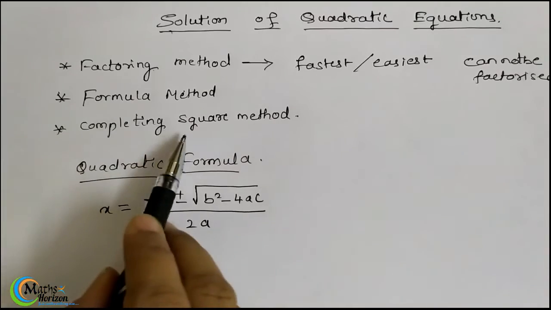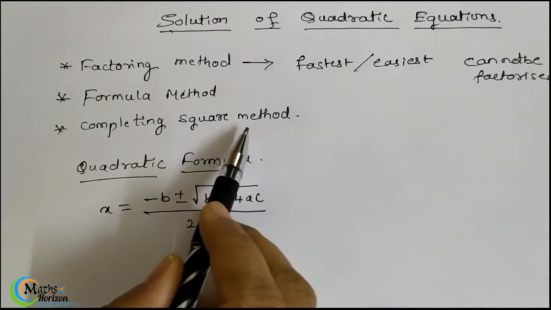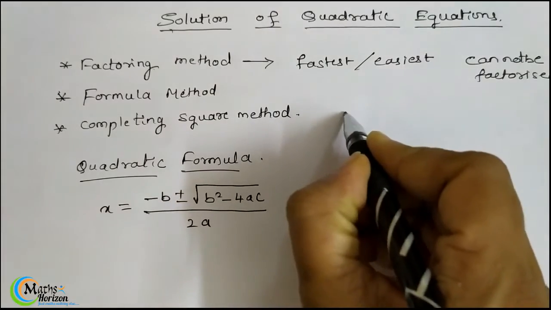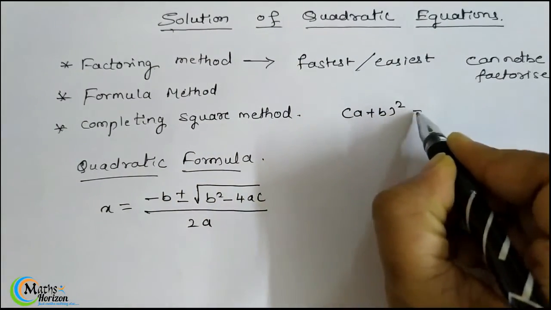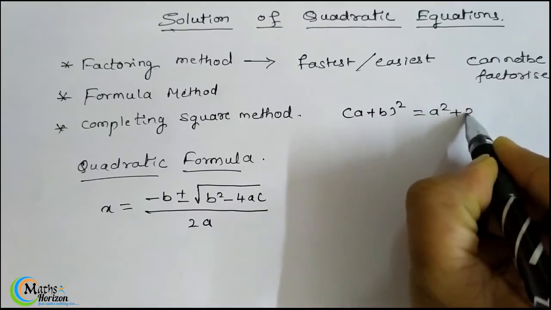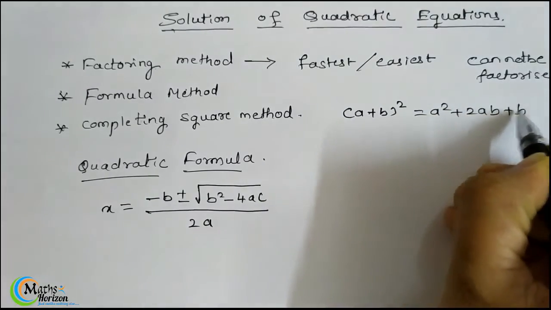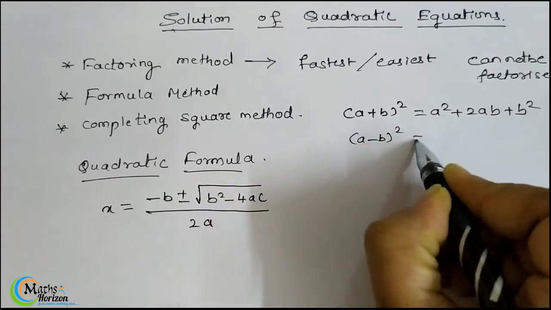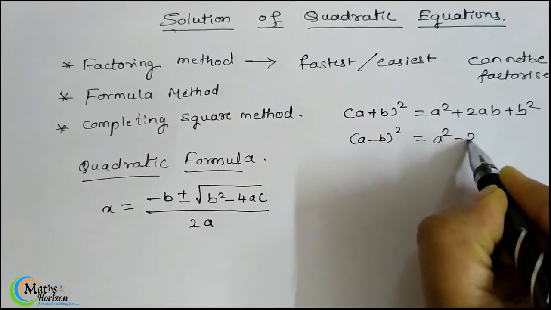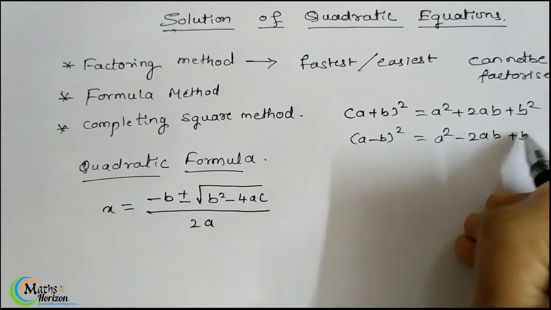Then the third one is the completing square method. Here we can make use of perfect squares like a plus b whole square, which is equal to a square plus 2ab plus b square, or a minus b whole square, which is equal to a square minus 2ab plus b square.